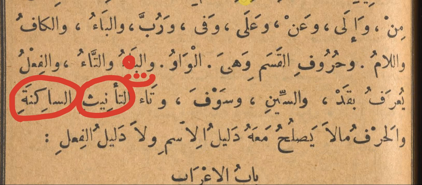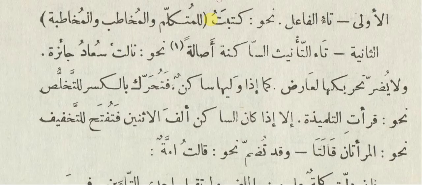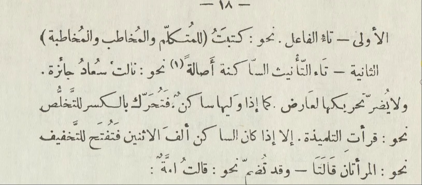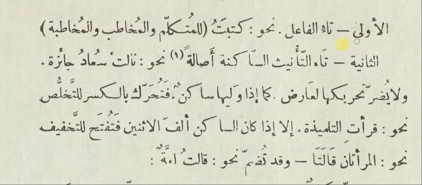So now we'll take an example. We get a deeper explanation of this ta, the feminizing ta, that attaches to the past tense verb only. So in the previous page in this text, he discussed the marks that only attach to past tense. So he says there are two.